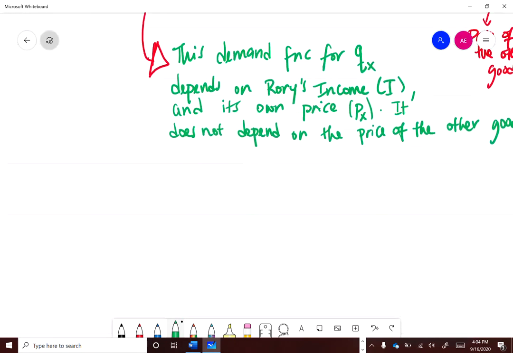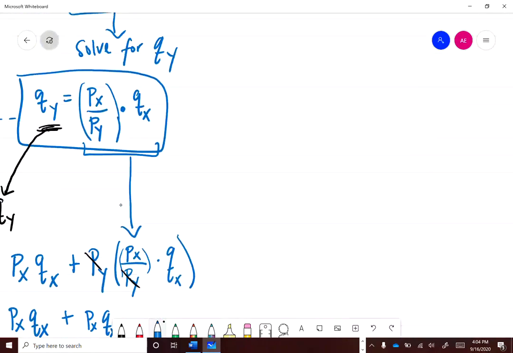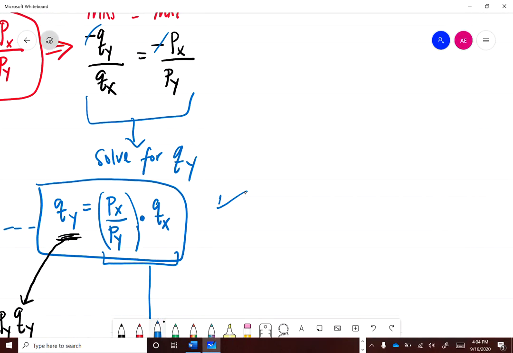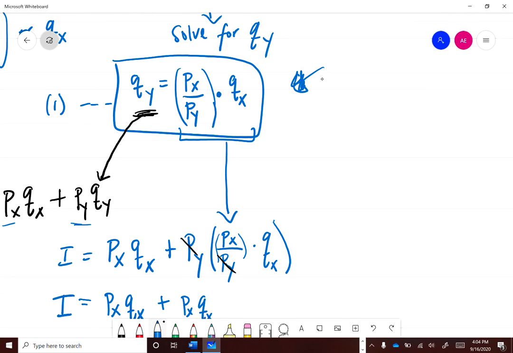Okay, so we know Q of X, but we're not stopping there because we also need to know Q sub Y star, the optimal demand function for good Y. We already have how they relate to each other from here. We're going to skip some steps, but let's not.